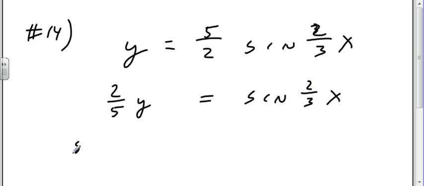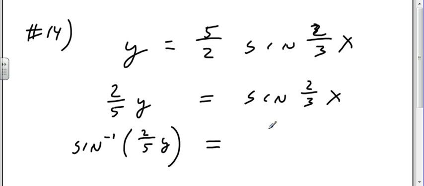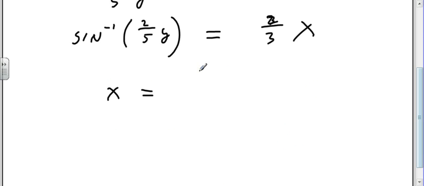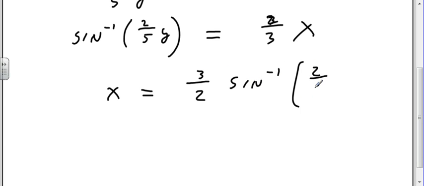The arc sine of 2/5y is equal to 2/3x. And then I got x is equal to 3/2 arc sine of 2/5y. Well, that seems reasonable.